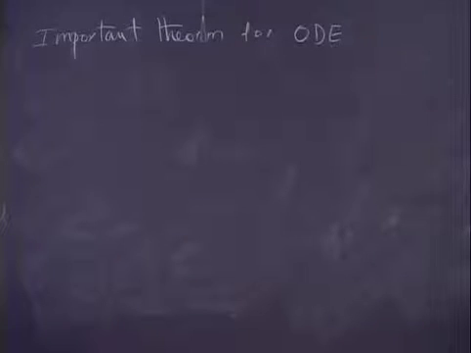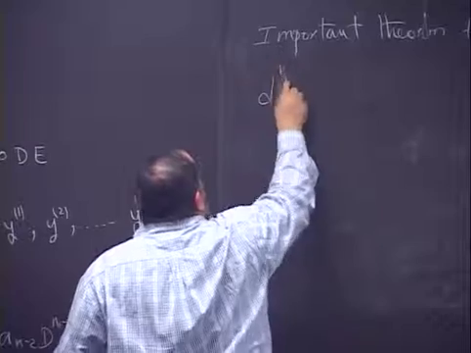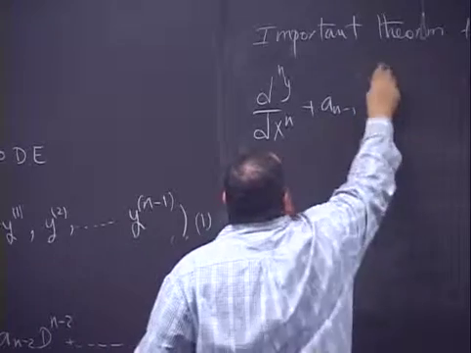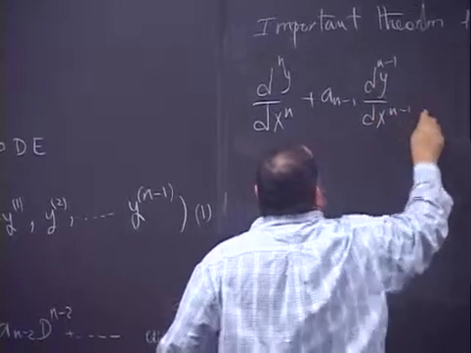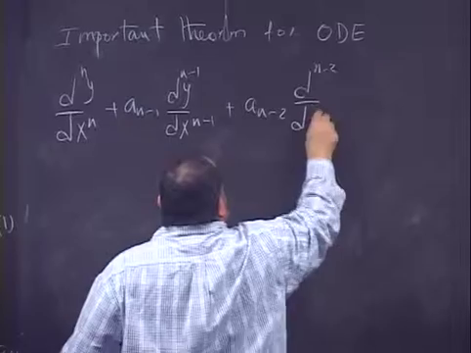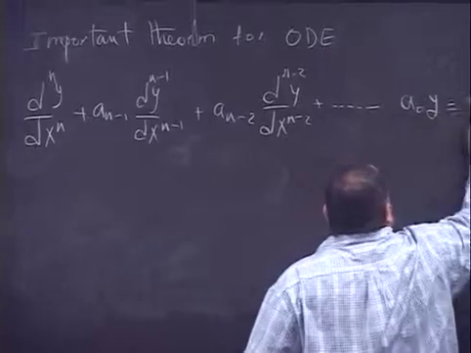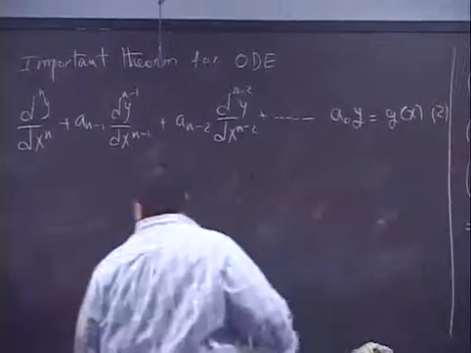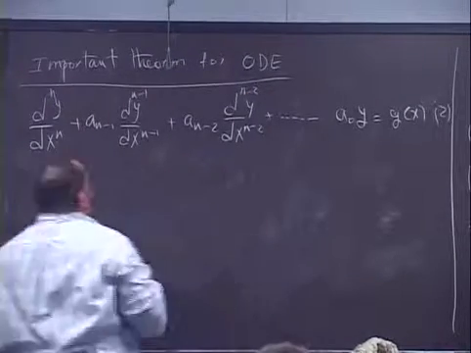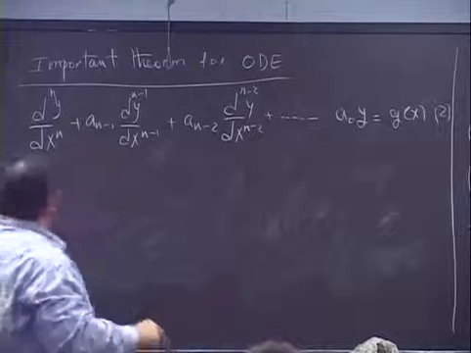So let's call this one here, d^n y by dx^n plus a_{n-1} d^{n-1} y by dx^{n-1} plus a_{n-2} d^{n-2} y by dx^{n-2} and so on, plus a_0 y equal to g of x.